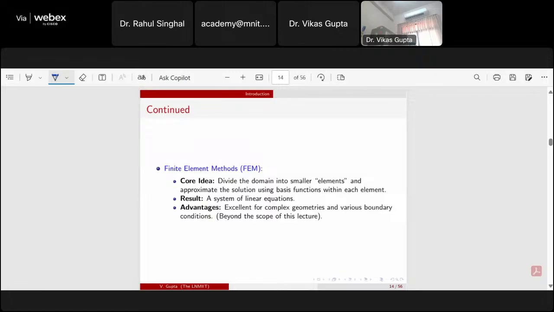So the advantage of FEM over FDM is that if you have a complex geometry of the domain, or boundary conditions are specified by some difficult function, in that case, FEM works very well compared to the finite difference method. But discussion of the finite element method is beyond the scope of this lecture. So I will concentrate in this lecture on the finite difference method only.